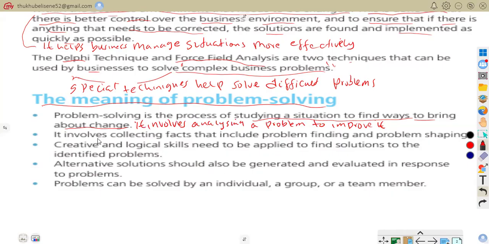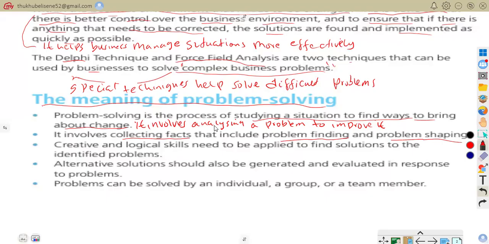Also, it says it involves collecting facts that include problem finding and problem shaping. That is the second statement. What it means is that information is gathered to fully understand the problem.